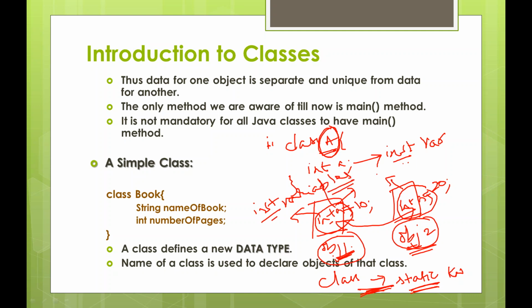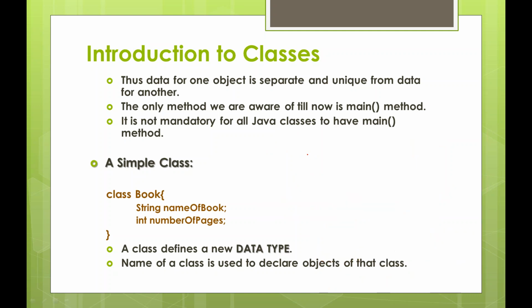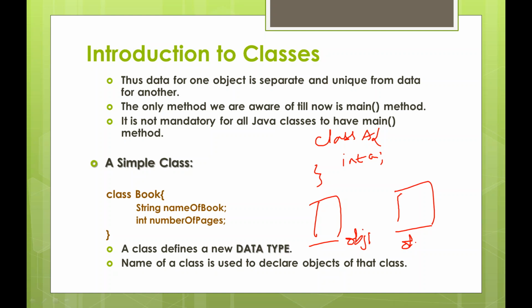Why do we call them instance variables? I'm writing it again because I want all of us to understand this. This is very important, that's why I'm taking time to explain.